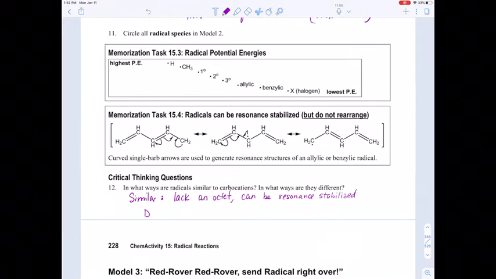I can't come up with any other big similarities, but there's a big difference, and that difference is right here. Remember carbocation rearrangements? We have the hydride shift and the methyl shift. Radicals don't do that. So the difference is they don't rearrange like carbocations.